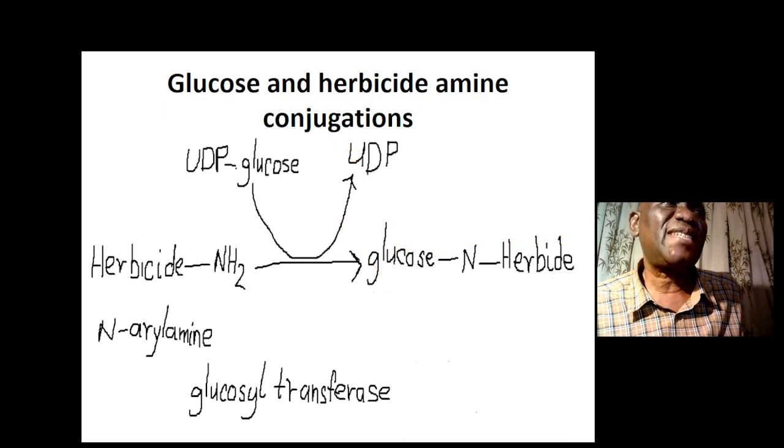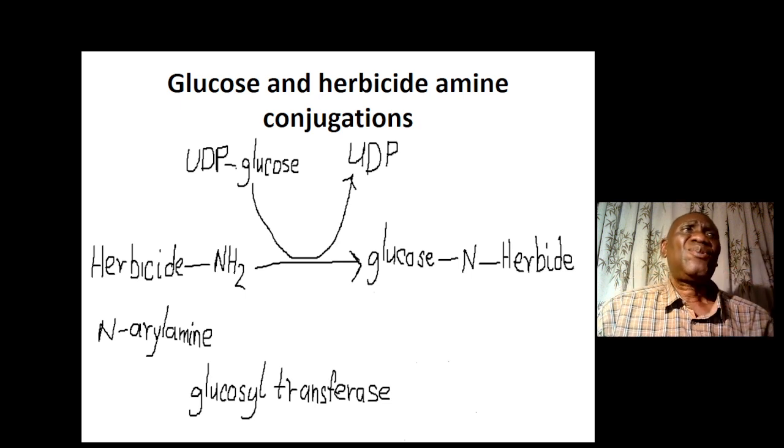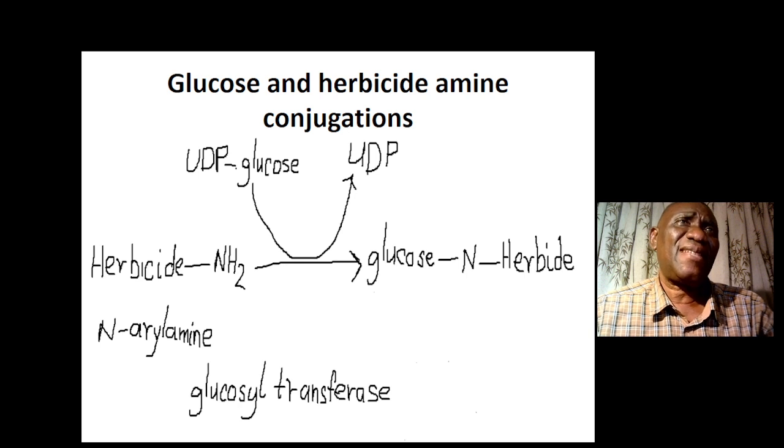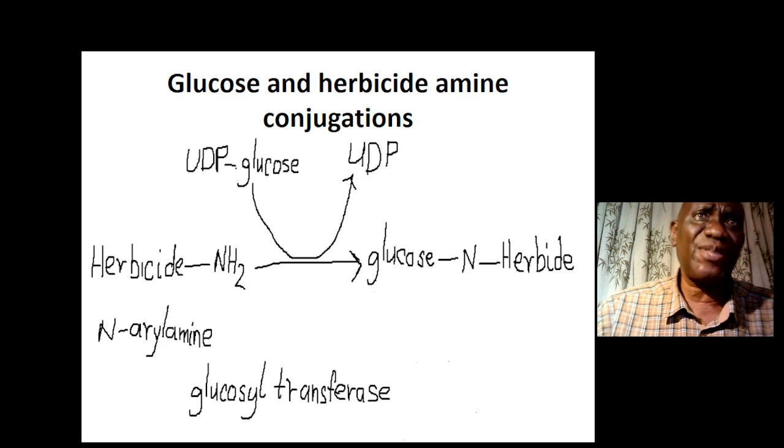If the herbicide carries an NH2, again UDP glucose will donate the glucose to this part of the herbicide. Then you have glucose N herbicide being formed, and you need glucosyltransferase to facilitate the process.